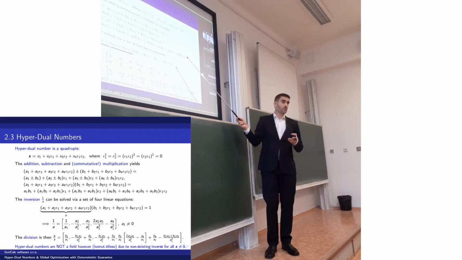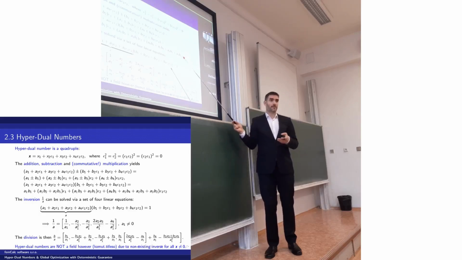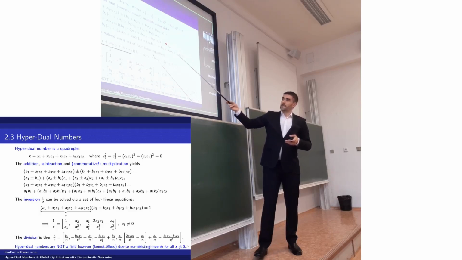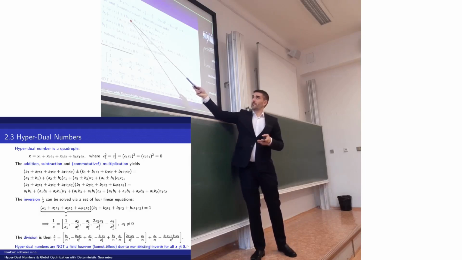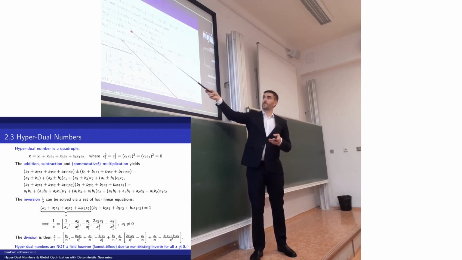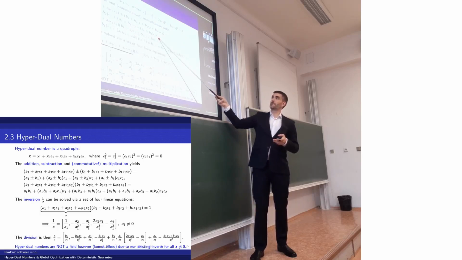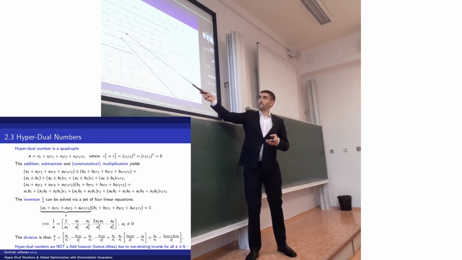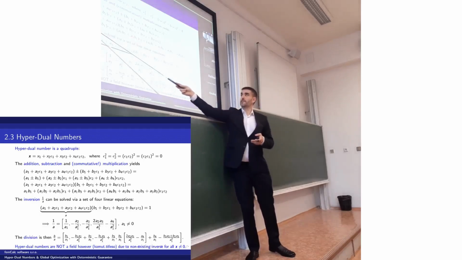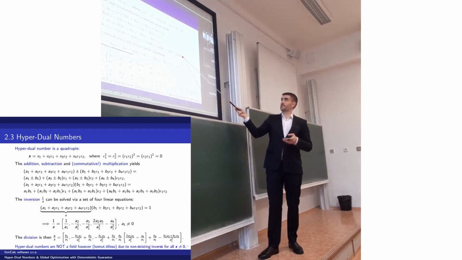Now we want to look at how we can calculate the basic operators. Addition and subtraction are very easy: they equal the addition or subtraction of each component. If you make multiplication, by using the standard rules we get this explicit expression for multiplication.